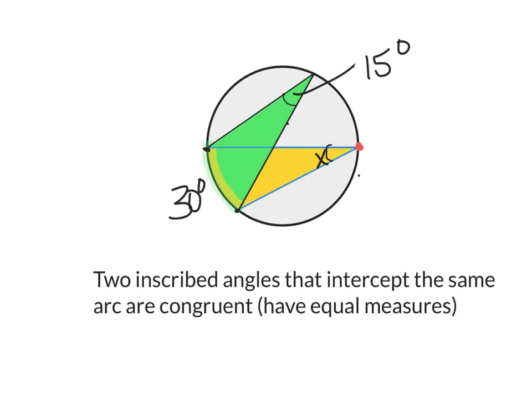And therefore, now we know that x is going to be half of 30. So x is going to equal 15 also. But because of this theorem, we don't even have to figure out what this arc is. We can just go straight, oh, they both intercept the same arc. So we know that they have to be congruent or equal measures.